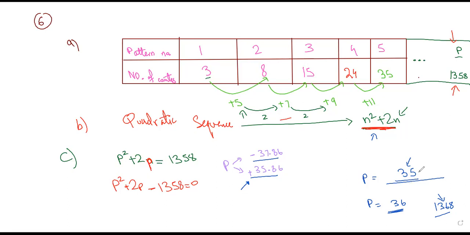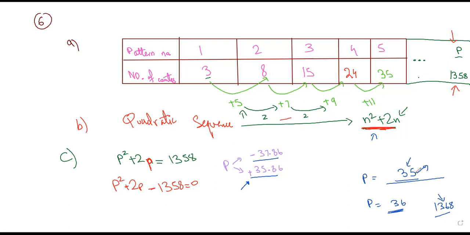With how many counters? How many counters would be required for this? Just tell me quickly. Pattern 35 will have how many counters? 1295. Check that again.